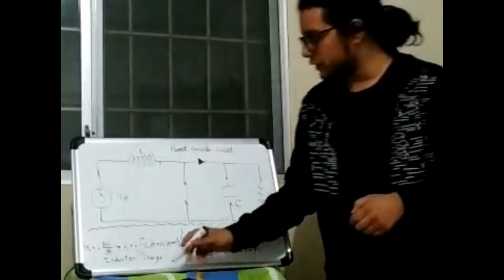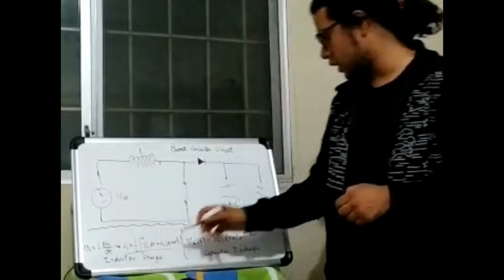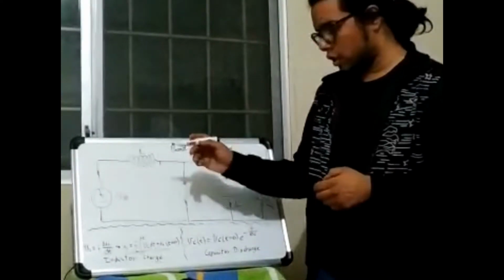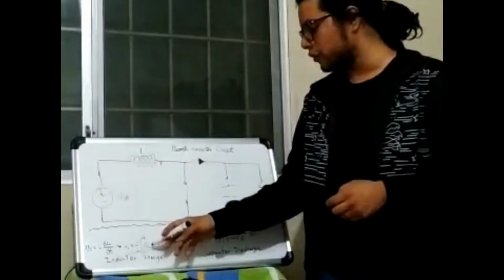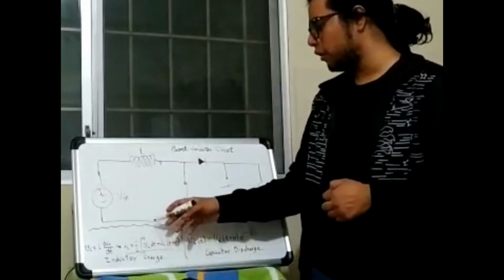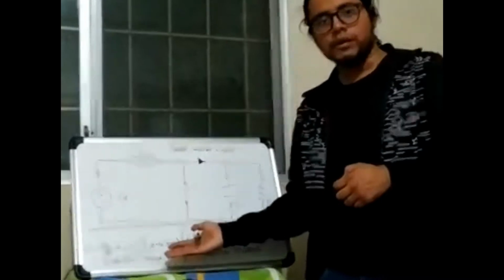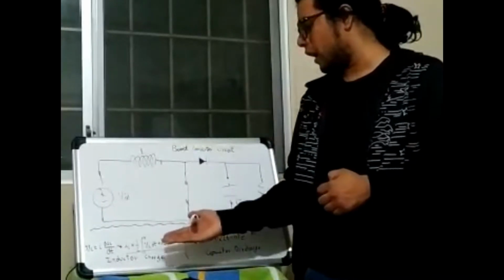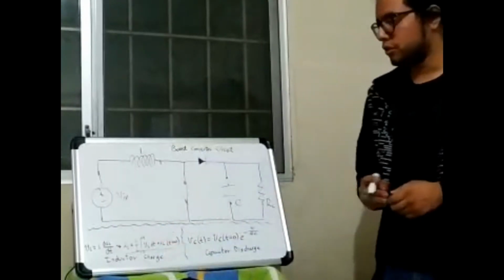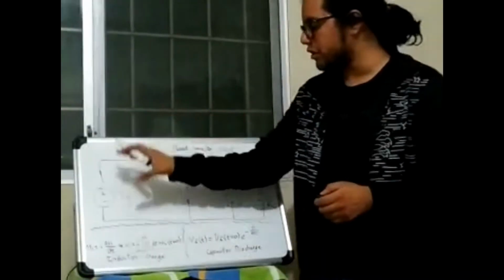As the voltage of the inductor is constant, because it's a voltage source, this integral is going to give a linear equation. So that's why we have a linear charging.